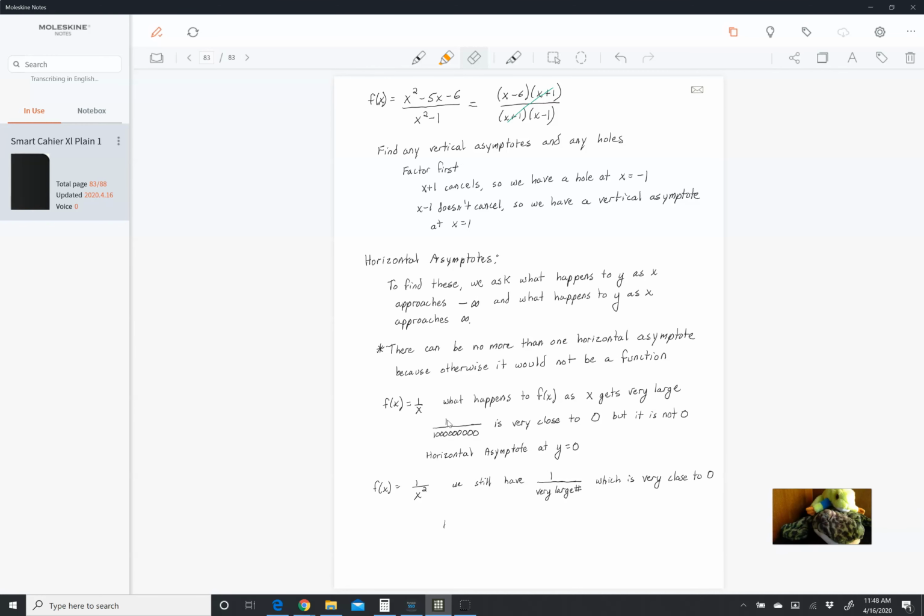So again, our horizontal asymptote is at y equals 0.